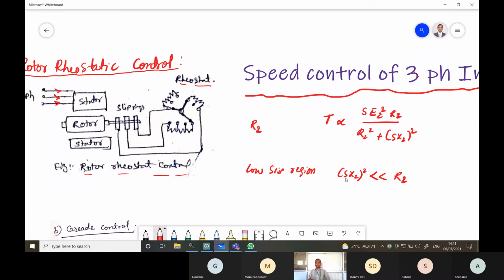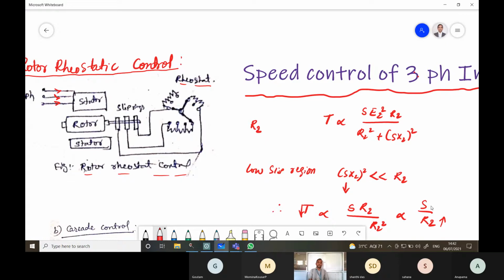Whenever slip is low, the torque is directly proportional to S into R2 divided by R2 square, which is directly proportional to S by R2. So if R2 increases, the torque decreases. According to this equation, as R2 increases, the torque decreases.